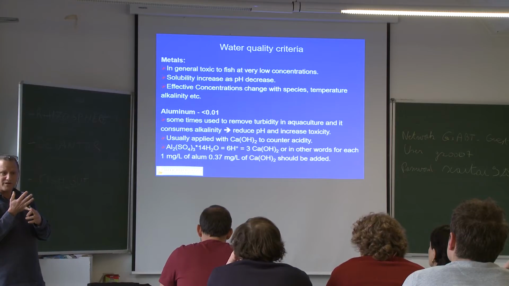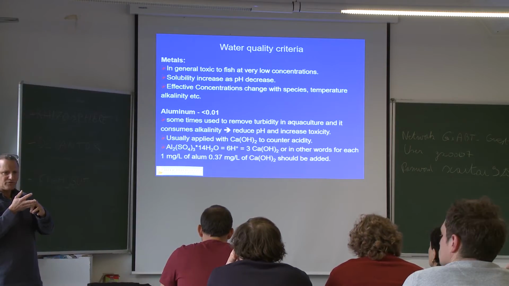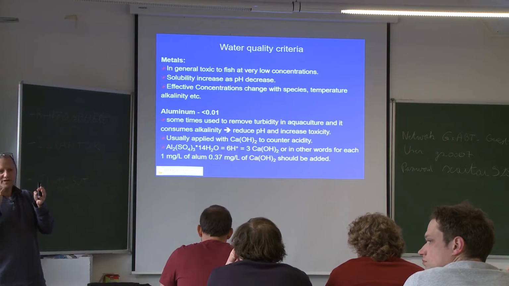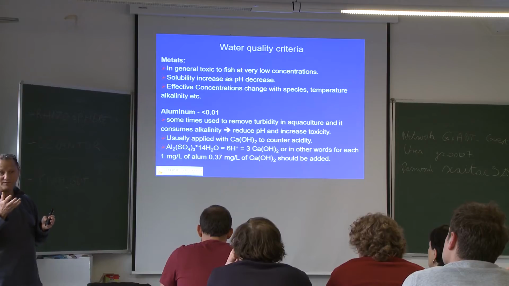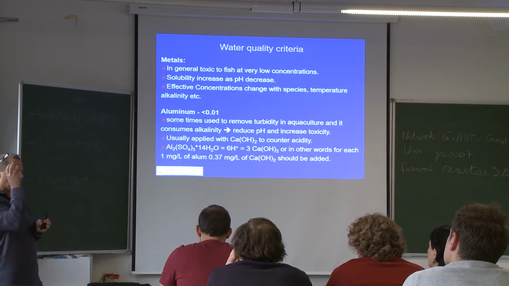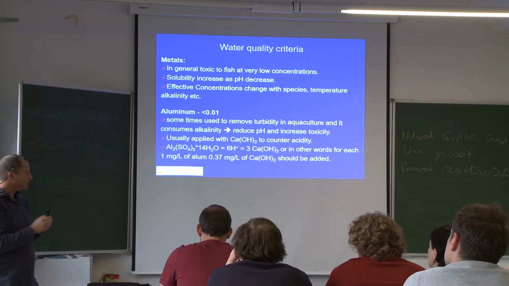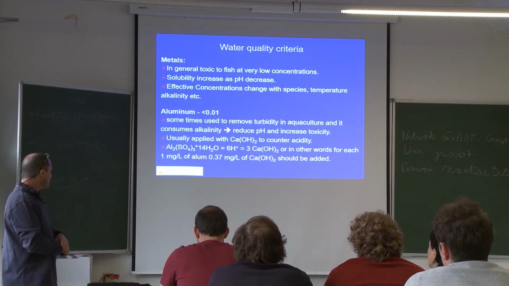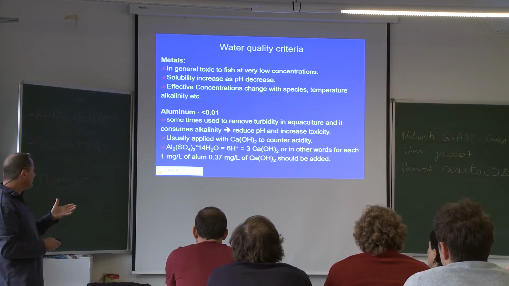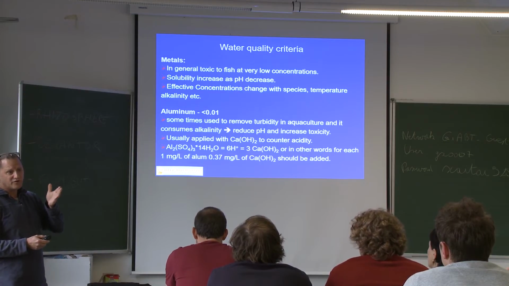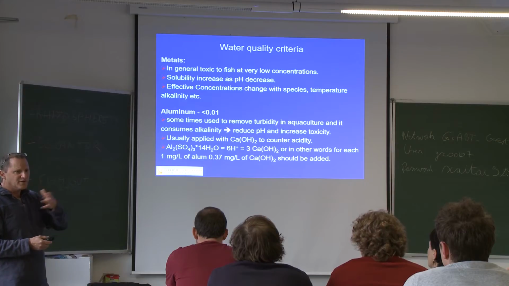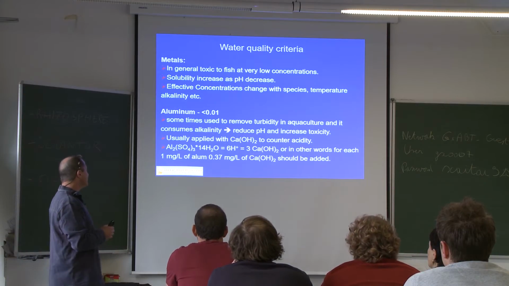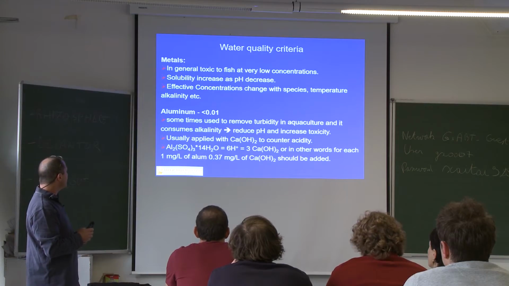If you want to use brackish water, groundwater, all sorts of different waters, or if you want to work in Africa and you take water from a contaminated river, all these things become more of an issue. Some of these metals are also in the feed. And remember, fish are hyperaccumulators of many of these metals. So if we don't pay attention, we may end up eating it.